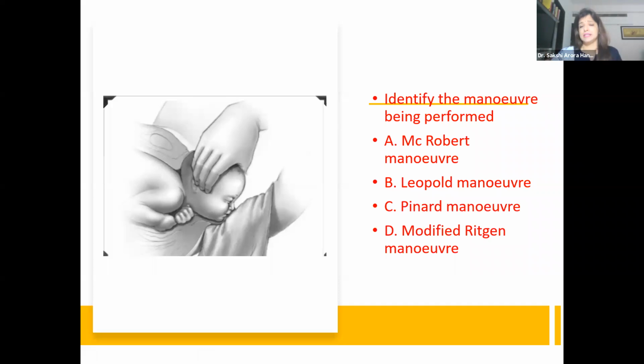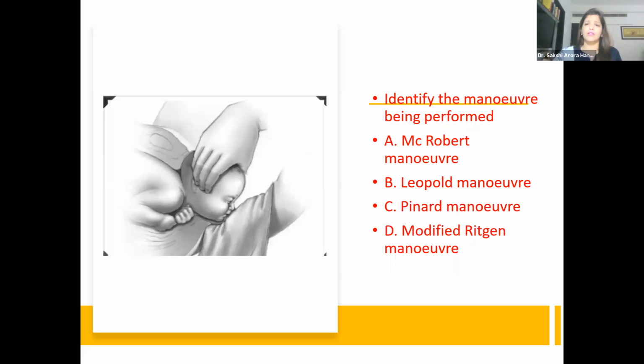This maneuver is done in a normal vaginal delivery to assist the delivery of the head. As you know, WHO says that to prevent perineal tear, you don't have to give episiotomy in all cases. That is not recommended by WHO.